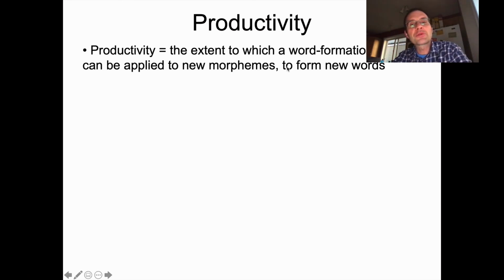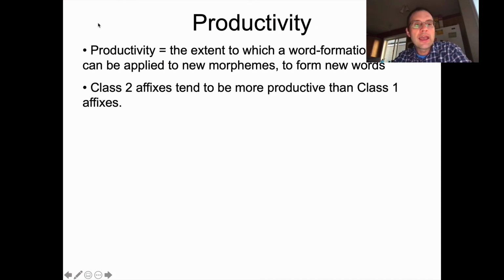You can be creative with word formation rules as well. You can use the rule to apply to new forms which it's never applied to before. And if you can do that with a derivational affix and expect somebody else to still understand you, then you're exhibiting morphological productivity, or that particular affix is very productive in the language.